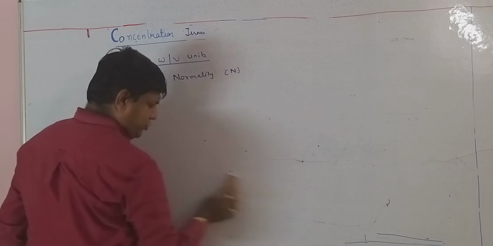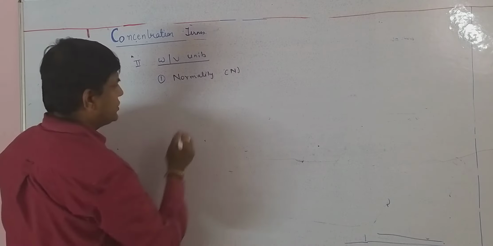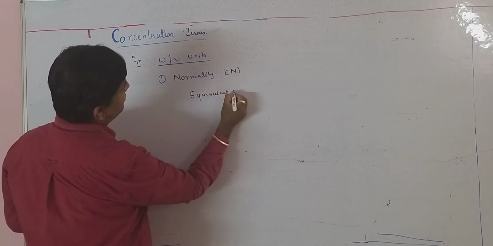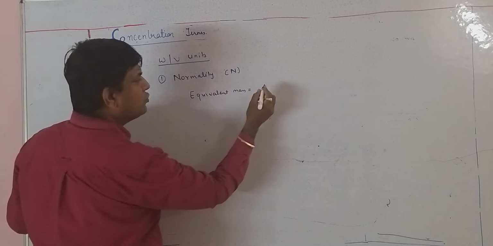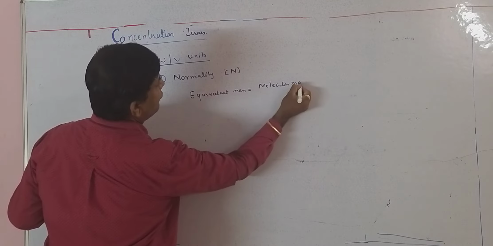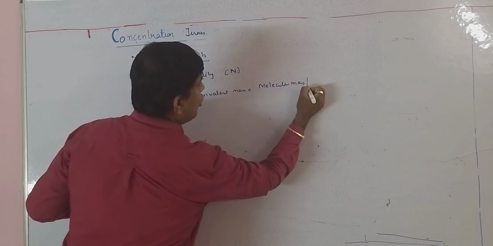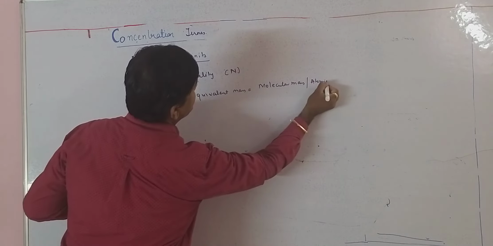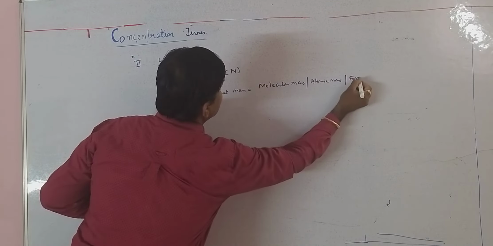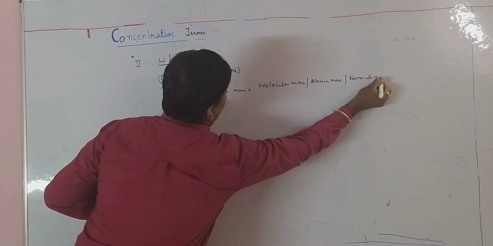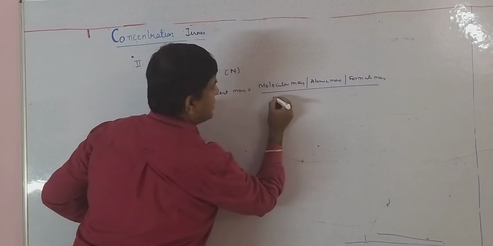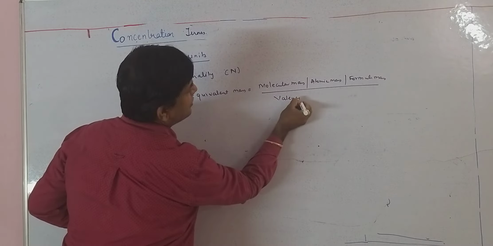If we want to find the equivalent mass, the formula is: equivalent mass is equal to molecular mass if a molecule is given, or atomic mass if an atom is given, or formula mass if an ion is given, divided by the valency.